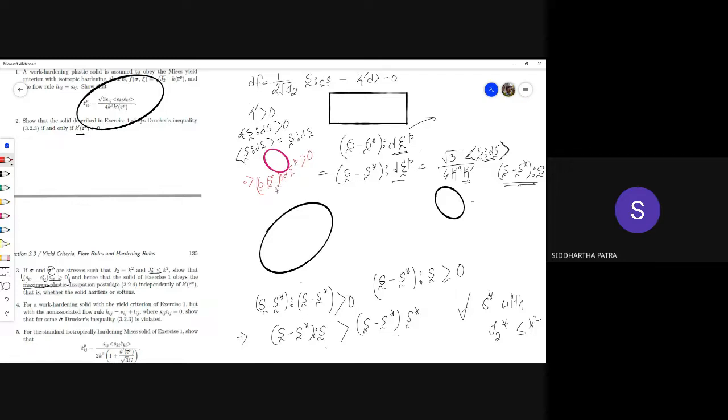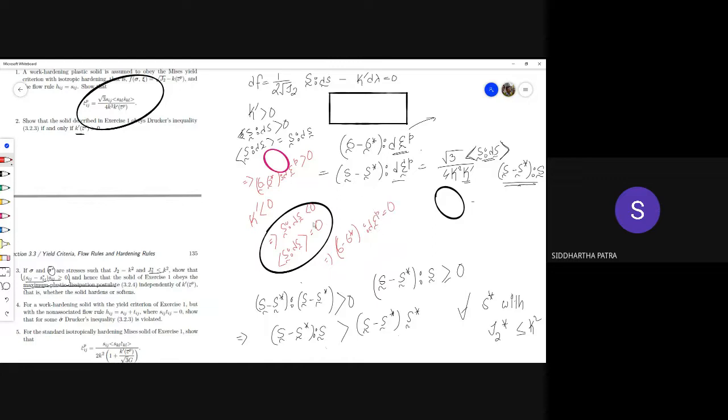Okay, but if k prime is less than 0, that would mean that S inner product dS is less than 0, which would mean S inner product dS within Macaulay brackets is 0. So this quantity right here, inner product d epsilon p, would be 0.